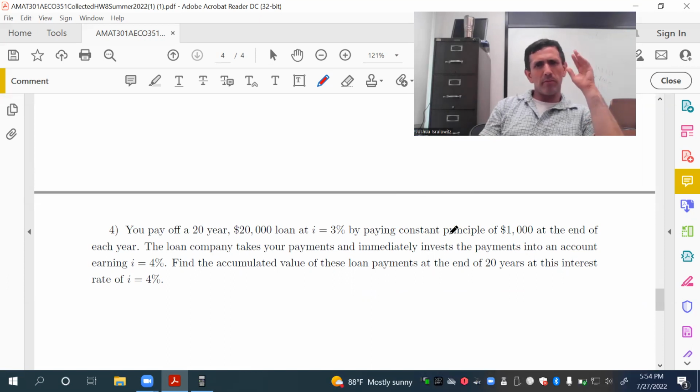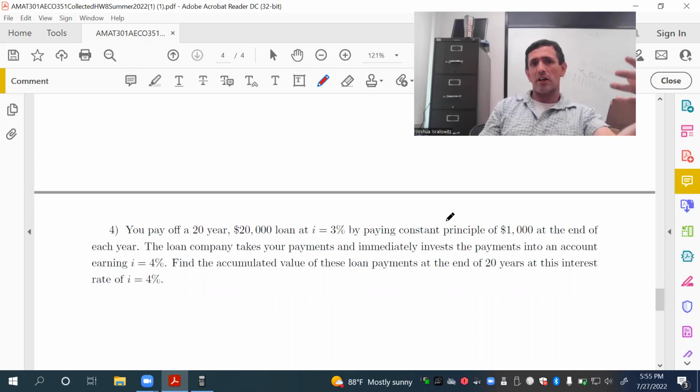Here we're saying I'm designing payments so that I'm paying constant principal of 1,000 at the end of each year. So you do that, you're still paying off your interest, and because your principal decreases each year, your interest decreases also each year.